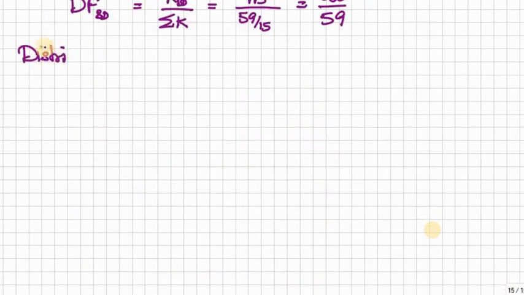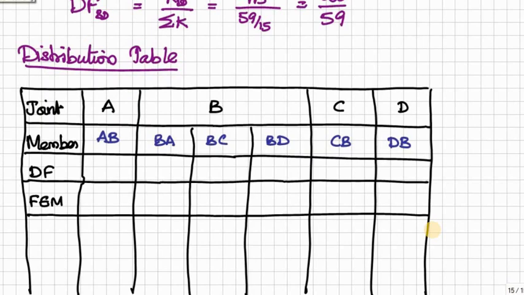The next step is to draw the distribution table. Here we have joint A, joint B, joint C and joint D. At joint A we have only one member originating, that is AB, and at joint B we have 3 members meeting, that is BA, BC and BD.